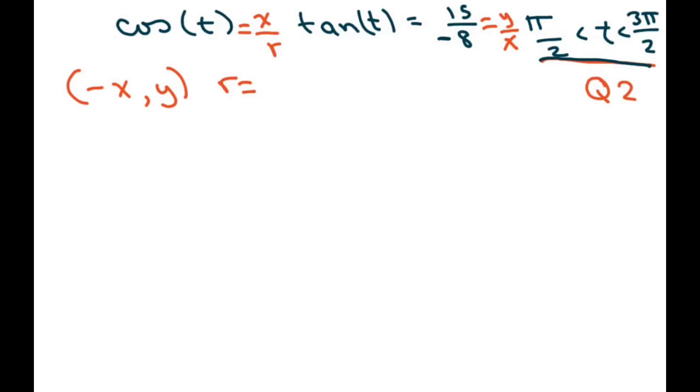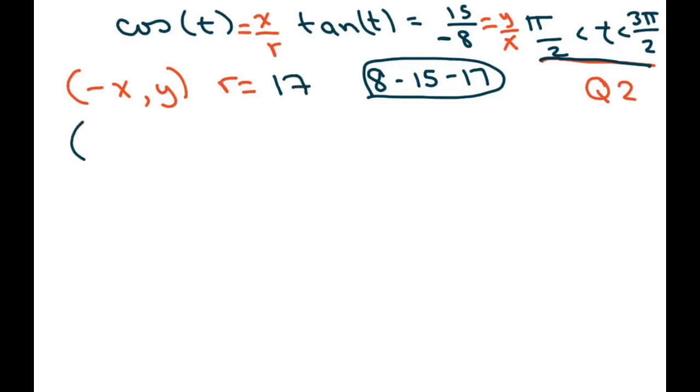You should also know your Pythagorean triples. So if you don't, make sure you know those. It's 8, 15, 17. And if you can get your Pythagorean triples down, you don't have to keep using the Pythagorean theorem. These are the perfect square ones. So I know my r is 17 and r is always positive.